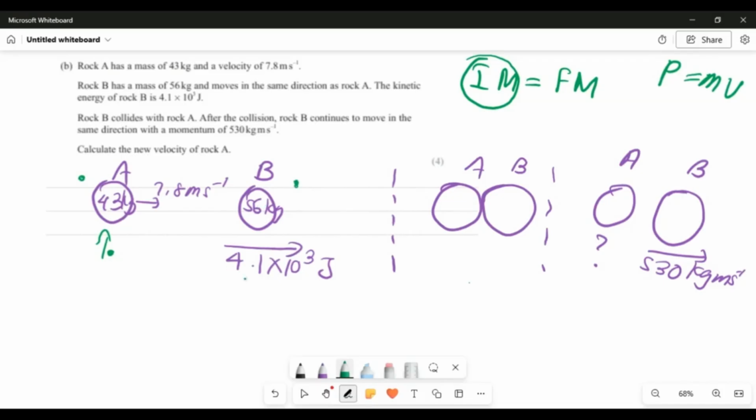But they have given the kinetic energy. With the kinetic energy, we can find the velocity of object B, and then we can apply p equals mv and calculate the momentum of B. Then to find the total momentum, we can add those two momenta together. So we shall do that first.